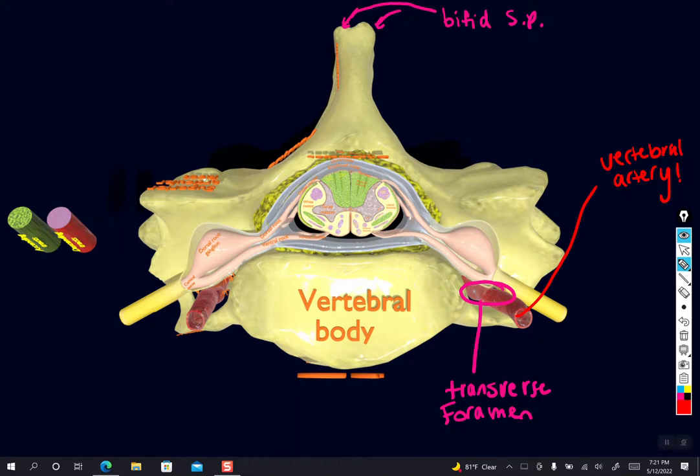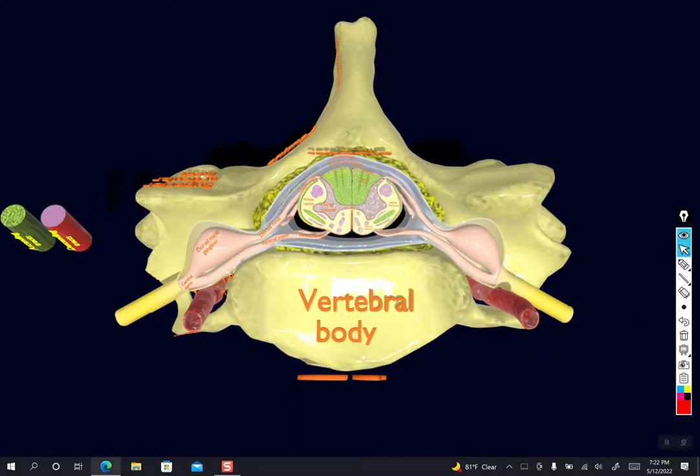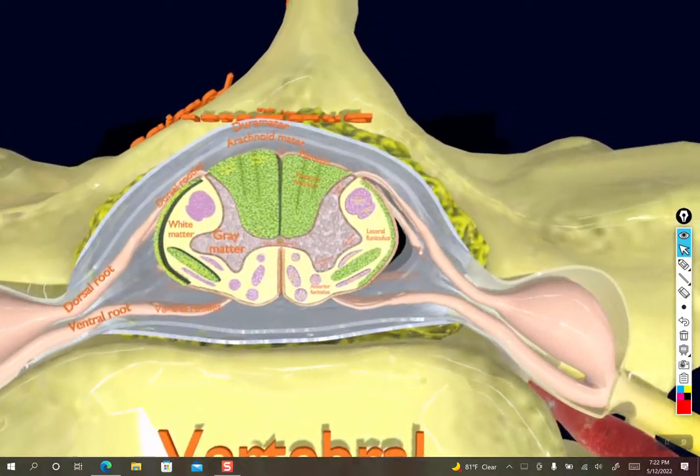So, like I tell my students in my class, if you look at a vertebra and you see 3 holes, not one, and you see a spinous process that's forked like a snake's tongue, automatically it's cervical. So, let's just go ahead and zoom on in and start seeing what there is to see.